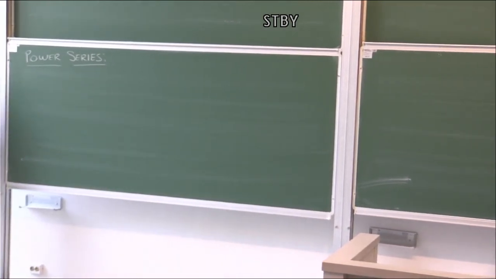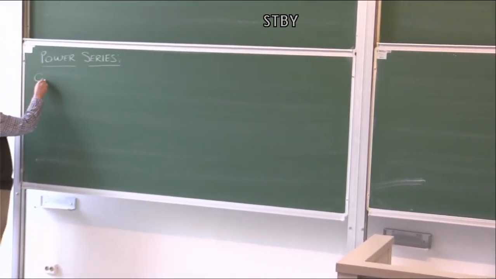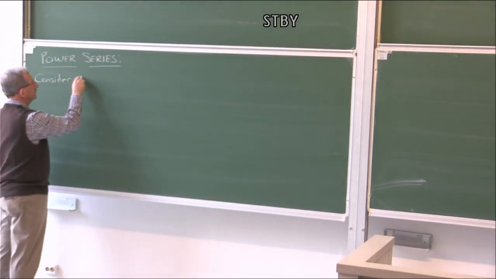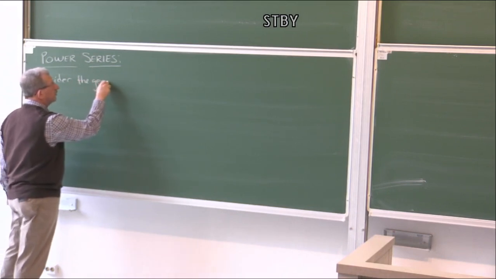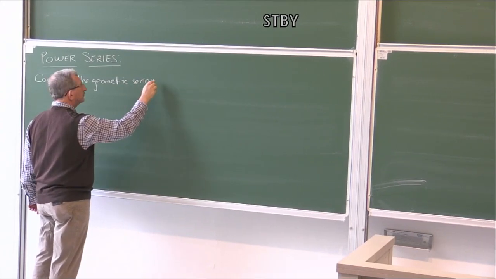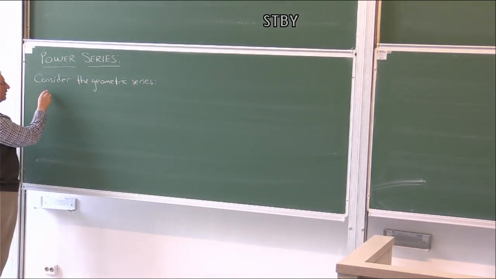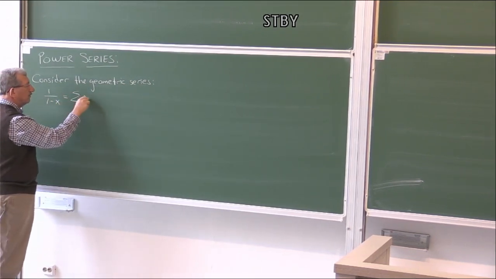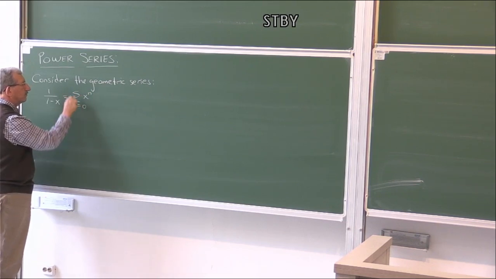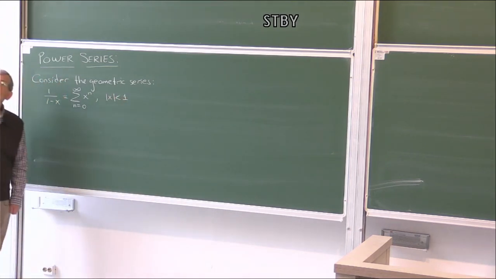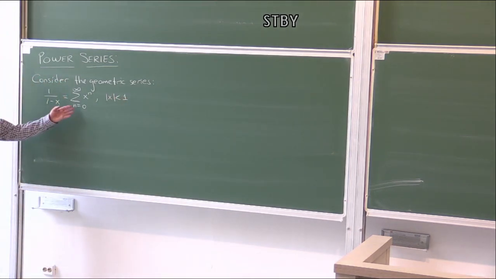To get an insight, let us consider the well-known series, namely the geometric series. We recall that 1 over 1 minus x was the sum of x to the n, starting from 0 to infinity, once absolute x was strictly less than 1, otherwise the series would be divergent.